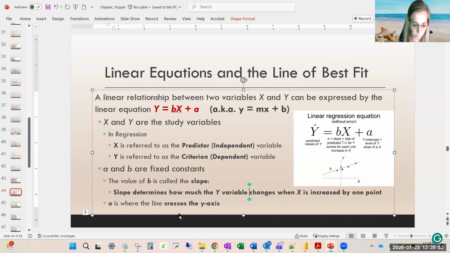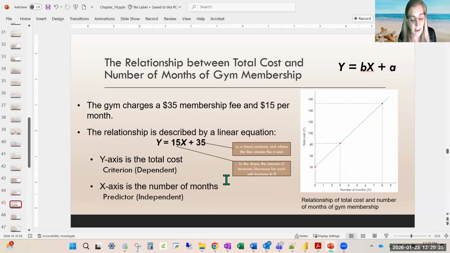So the slope determines how much the Y variable changes when X is increased by 1 point. A is where the line crosses the y-axis, which is here, not the x-axis. Pardon me, I think I said x-axis.